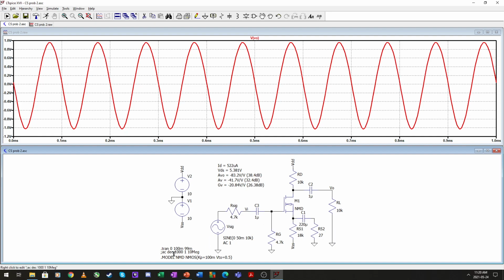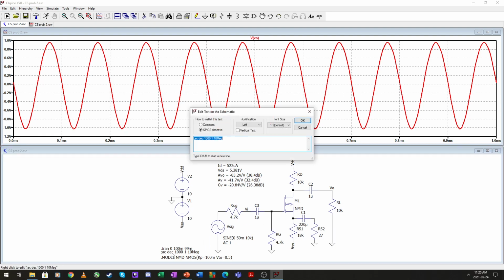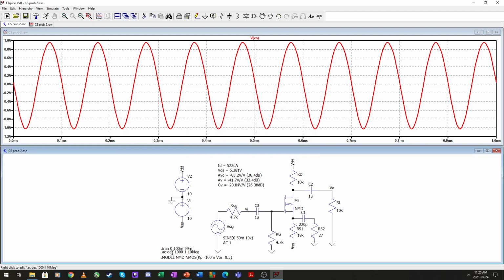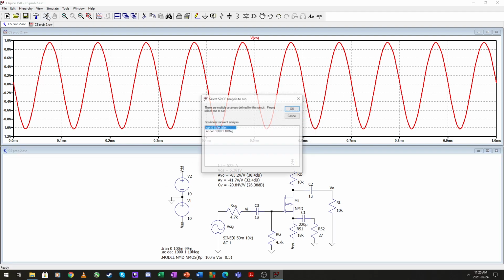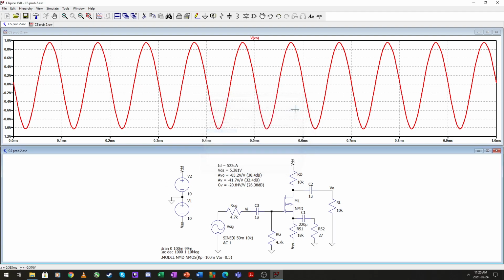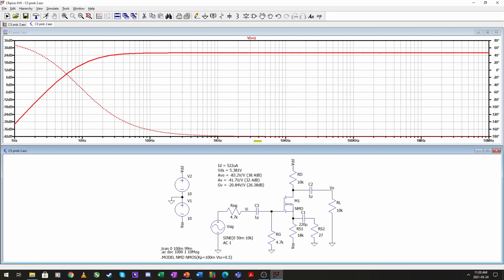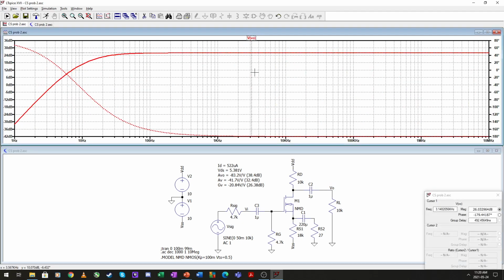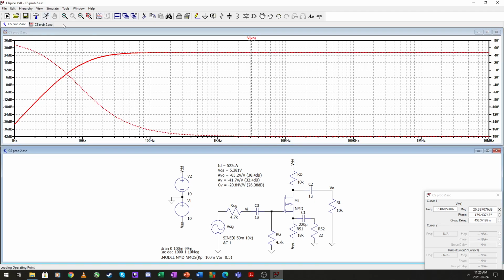Great, so that's the DC aspects. The AC output here is 26 decibels now. 26.38 initially, but with this 27 it came down a little bit.